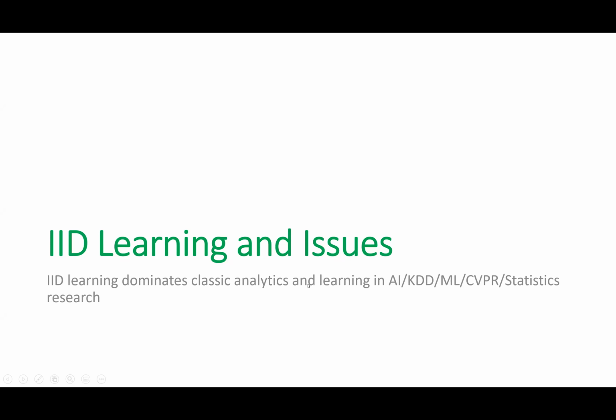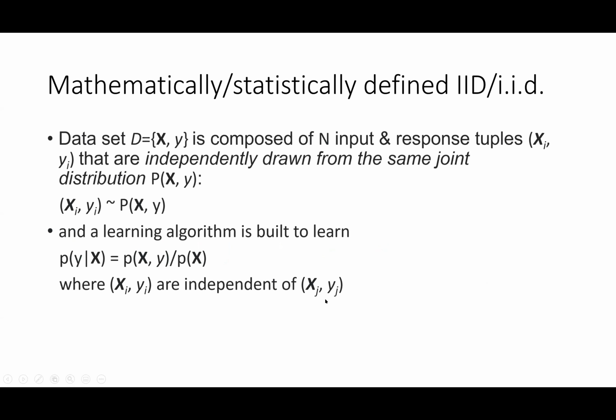There's a very fundamental and basic thing, the IID assumption. I want to explain what it is, how it was incorporated into classic analytical learning, and what problems it causes.